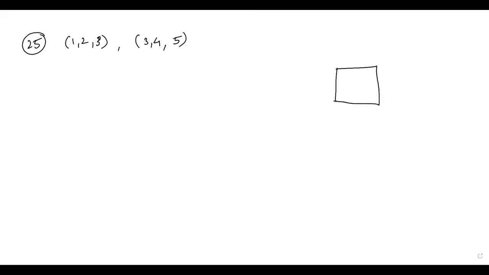We need to find the plane equation. The plane passes through the midpoint of this line and is perpendicular. Here A point and here B point. This is the midpoint. The plane passes through the midpoint of this AB line and is perpendicular.